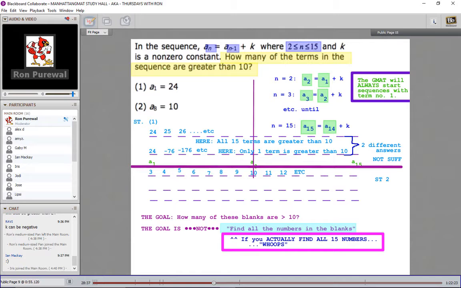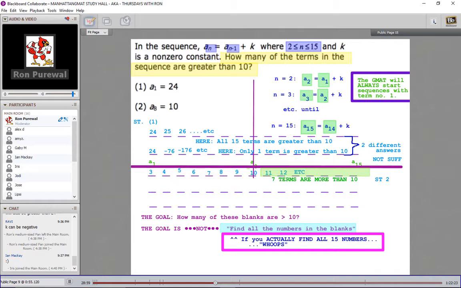Okay. So here you've got 8 terms that are more than 10. 7 terms that are more than 10. Just these ones. What else might we try? That's a positive increment.